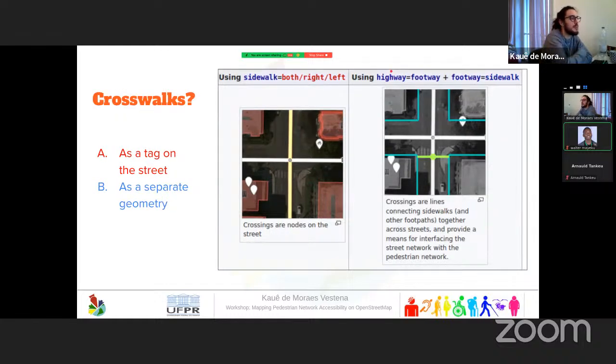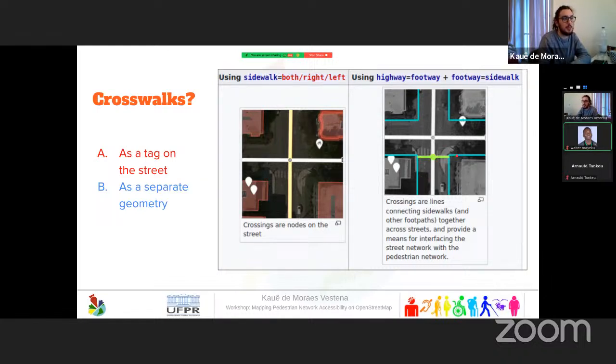And for the crosswalks, they can be a tag of the street saying about the crossing, or a single point, or a line that creates a topological relationship between the sidewalk and the street.